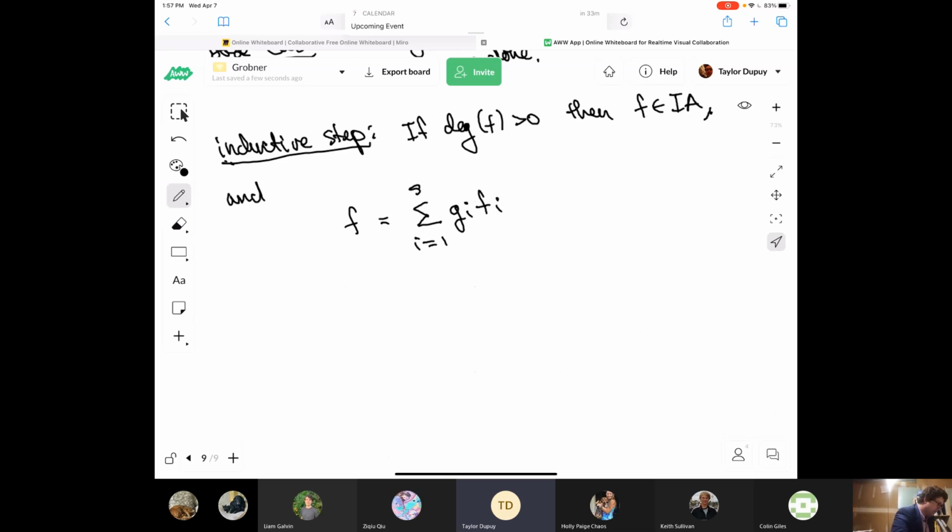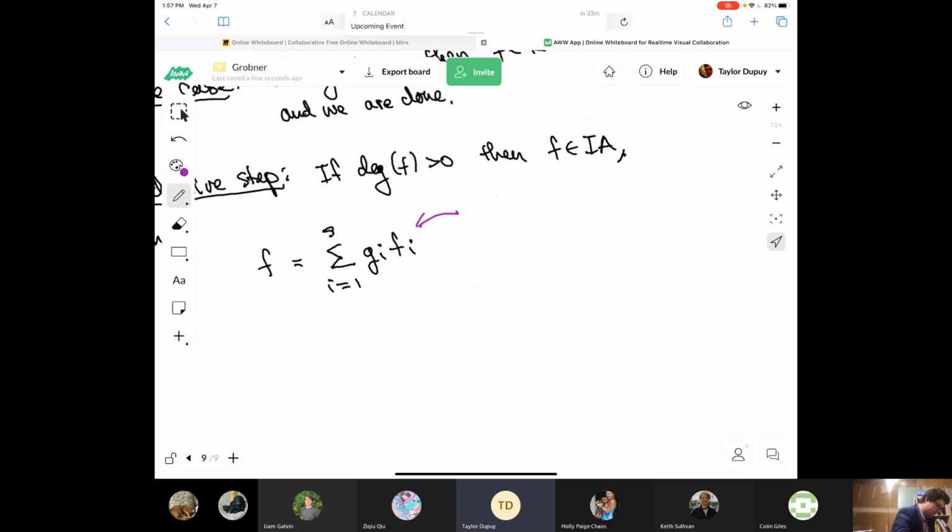All right. So the other claim that you have to think about is that here we're using that the f_i are homogeneous. Okay.